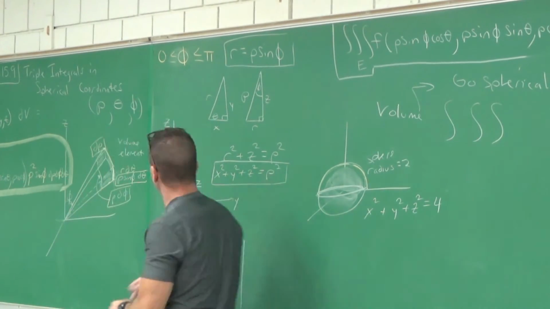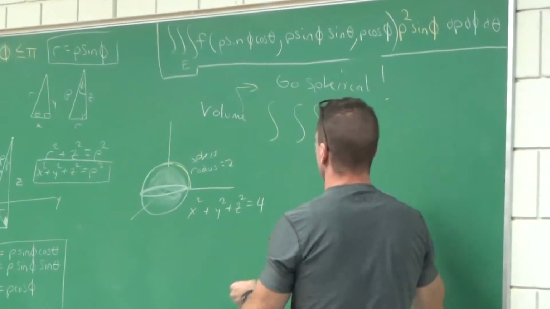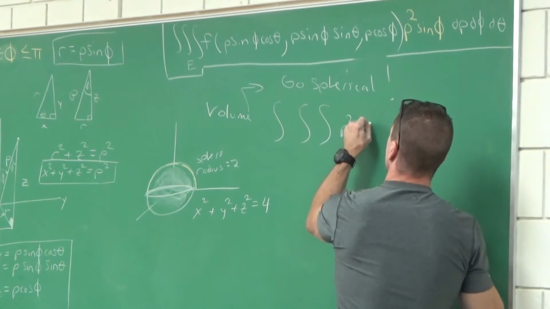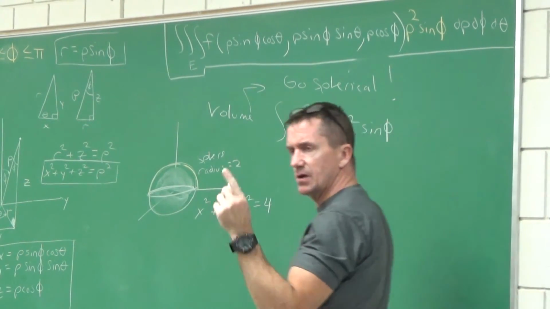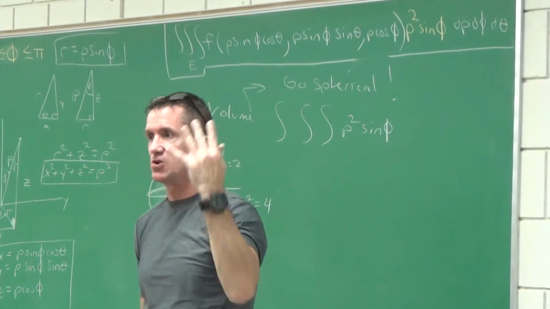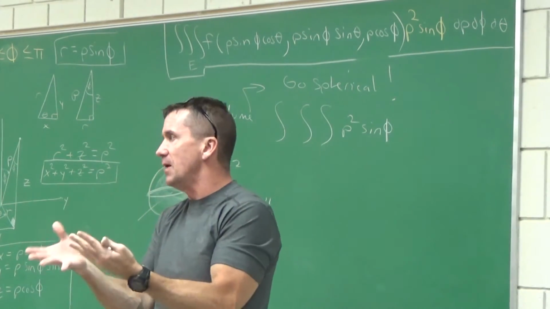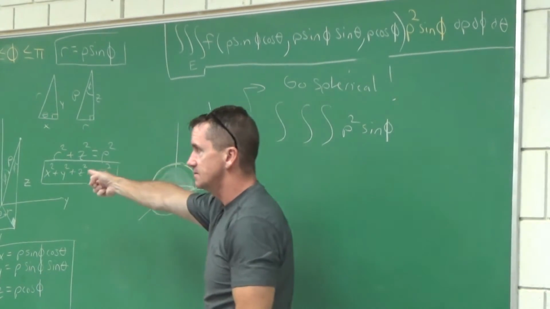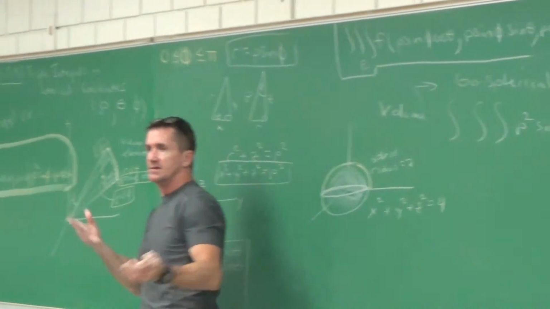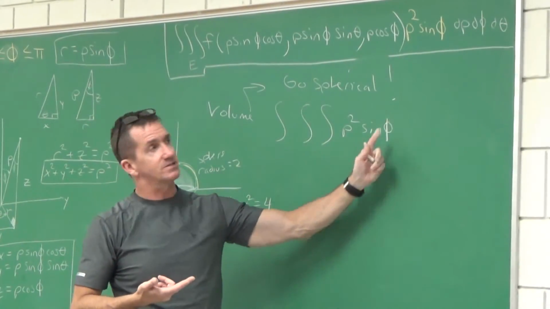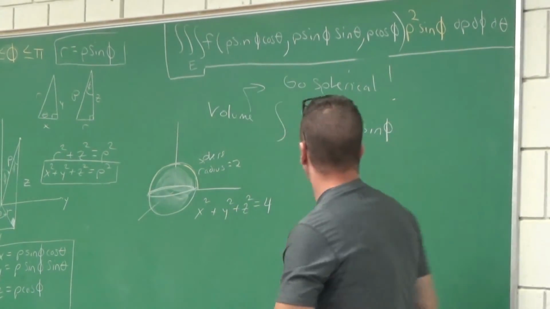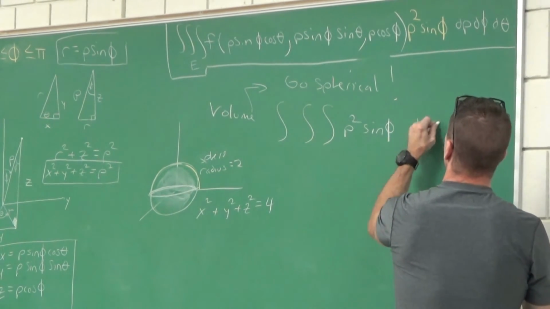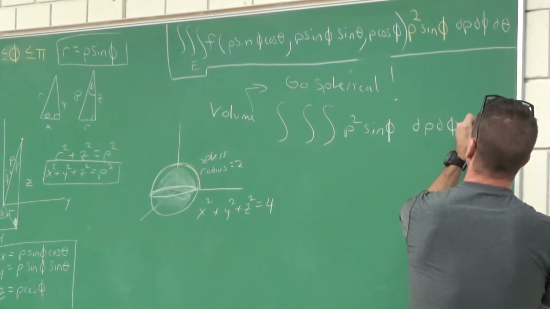There's that volume element. You say, well, volume is the triple integral of 1, but this is automatic as the volume element when I go spherical. It replaces dz dy dx with d rho, d phi, and d theta.